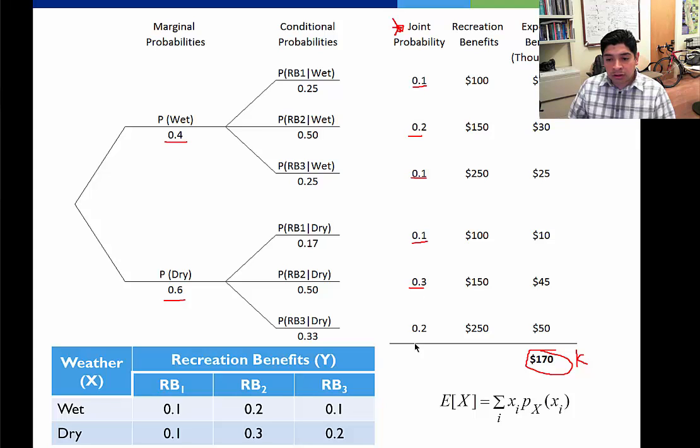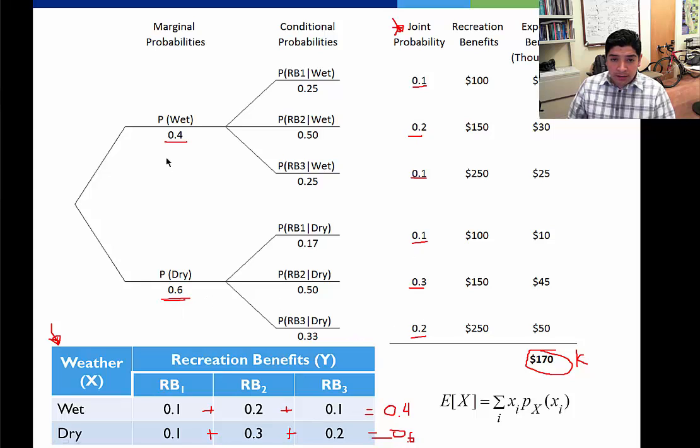If you add these other 3 numbers, that is the probability of dry. These values are given through this table. So what is the probability of wet? Well, we add this plus this plus this, and we have the probability of wet. For dry, it will be the same: this plus these 3, and that will be the probability of dry. And you can see that I put all these numbers here.